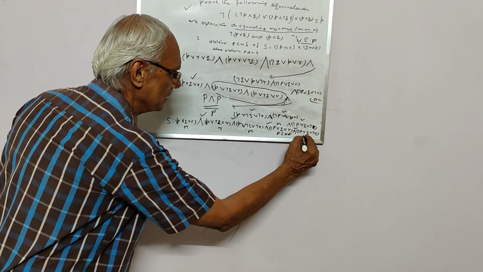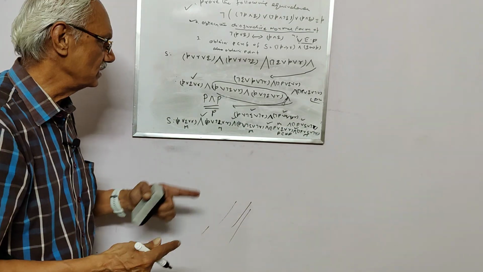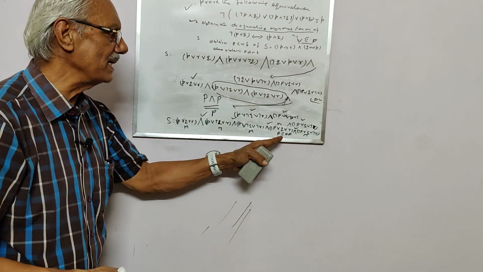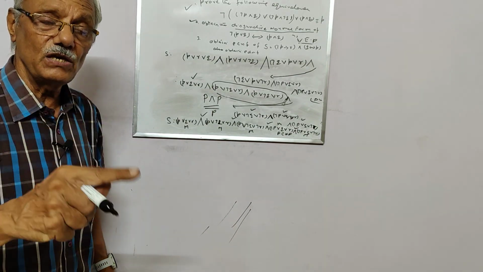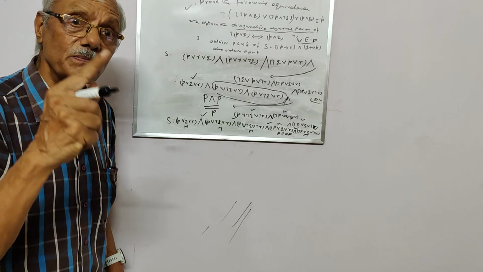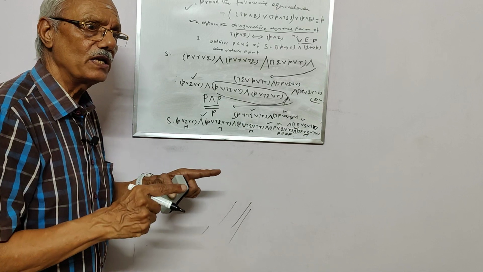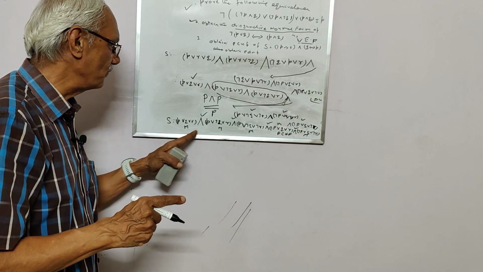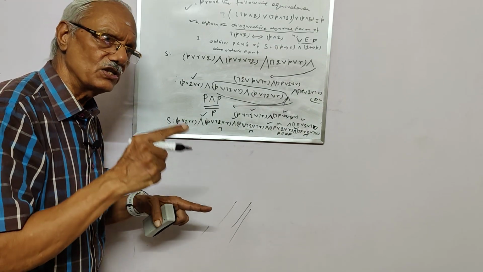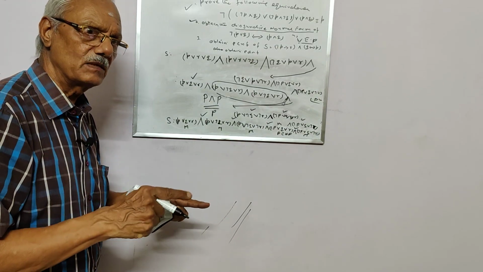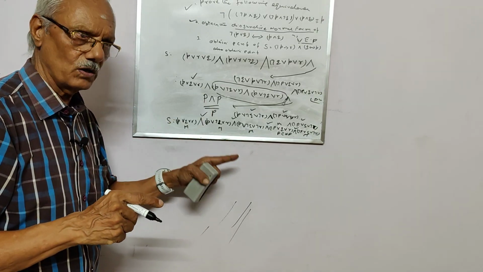A conjunction of the max terms will be called the principal conjunctive normal form. Why do we call it that? Because these are all in canonical form. Canonical form means forms of this type, and since it is the conjunction of the max terms, it is called the principal conjunctive normal form.